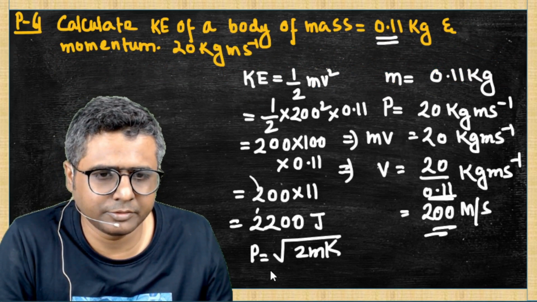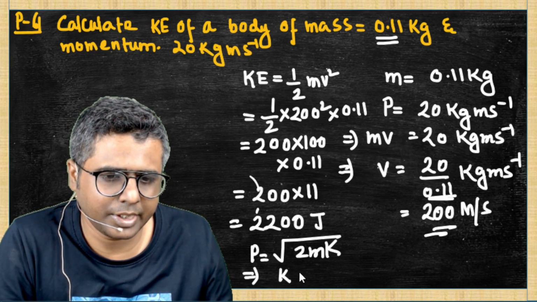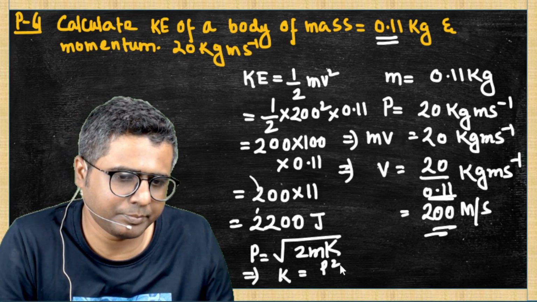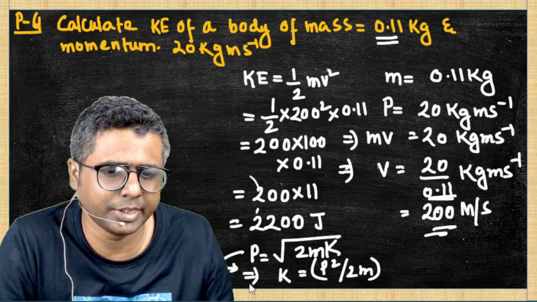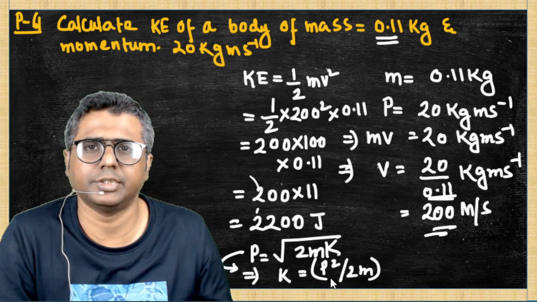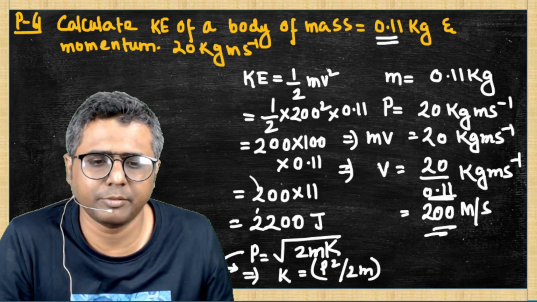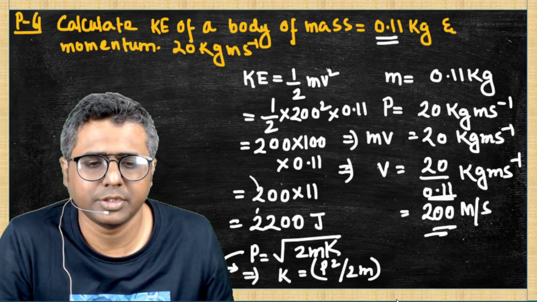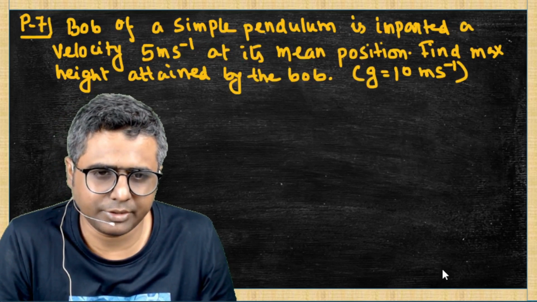So here you need to do K is equal to P square by 2m. You can substitute the values and find out the answer. In that case you need not calculate velocity separately. From mass and momentum itself you can easily get the value of kinetic energy.